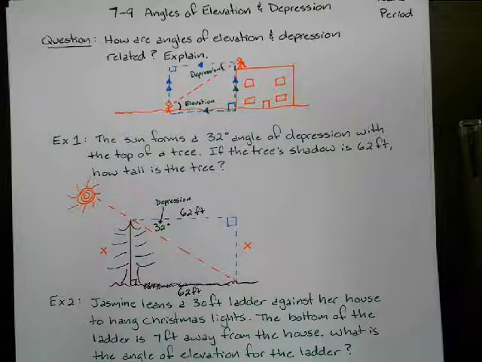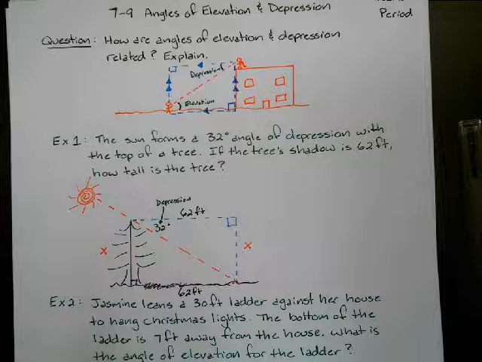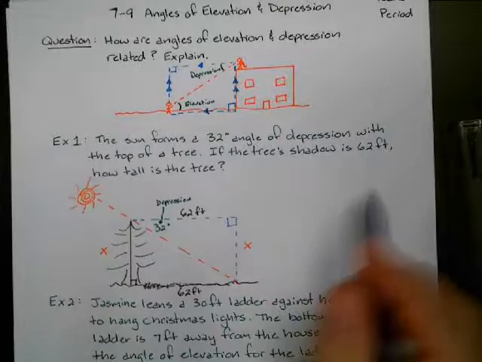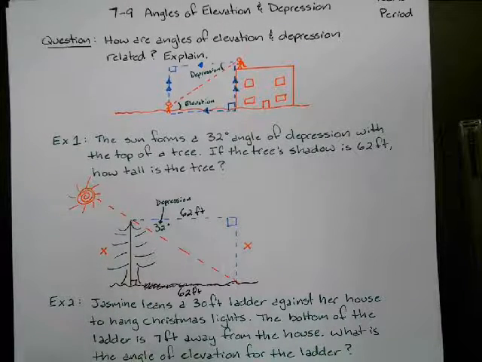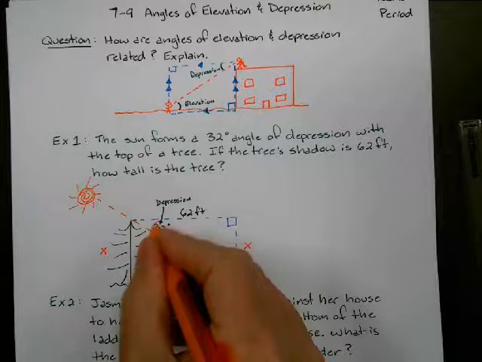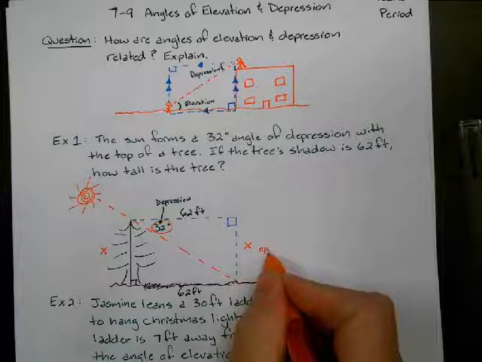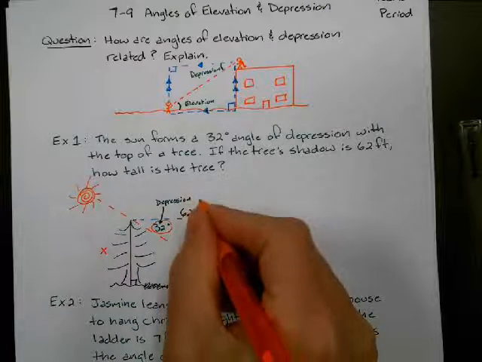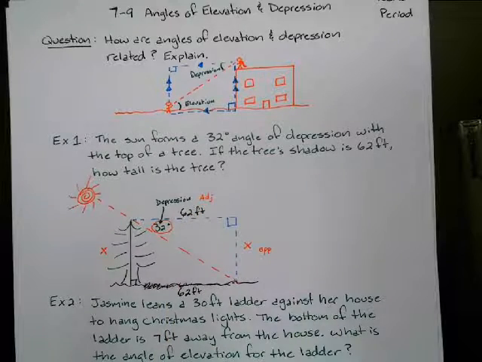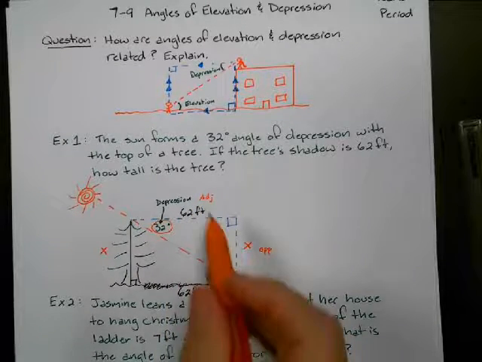So now that we've got our drawing, we can go ahead and set up our trig function. My angle of reference is 32. It looks like I've got the opposite, and I've got the adjacent. So which trig function uses opposite and adjacent? Tangent does.